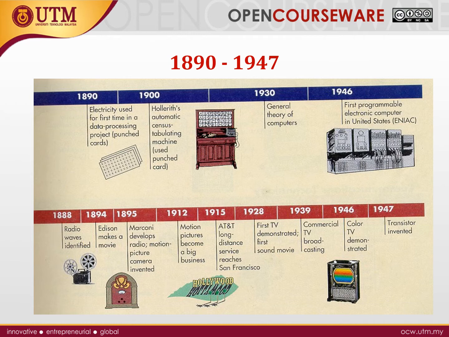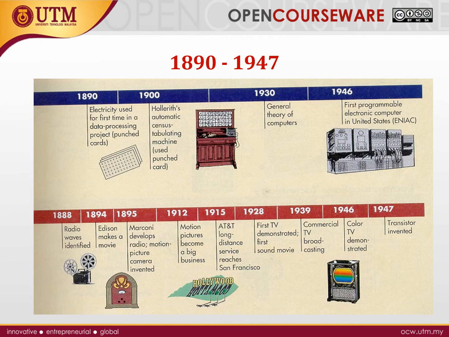communication technologies, in 1899 radio waves were identified, followed by Edison, who made the first movie in 1894, and then Marconi developed a radio, and the motion picture camera was invented in 1895, followed by Hollywood motion pictures and videos and so on.